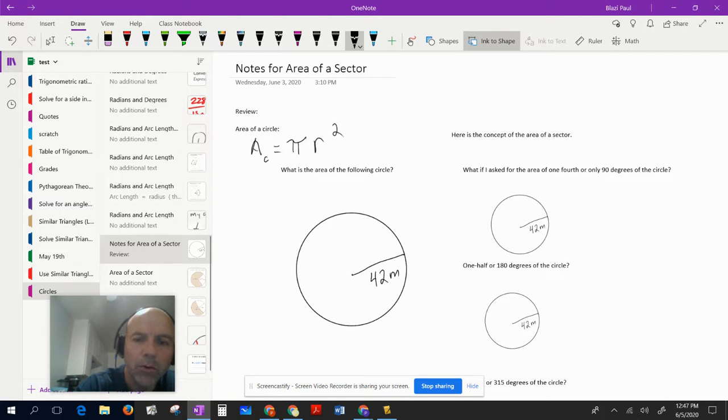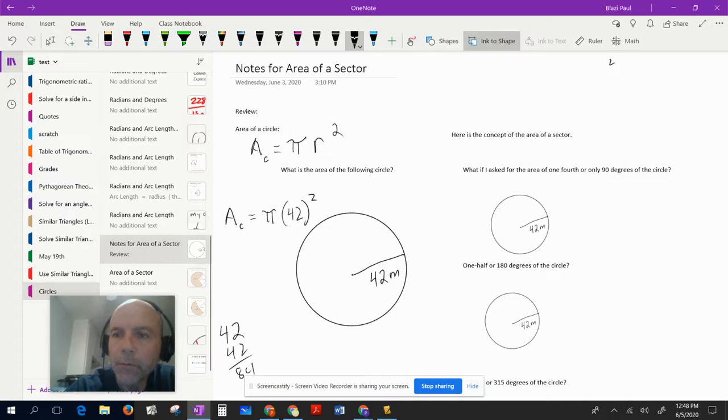Of this whole circle, the area is pi times 42 squared. Well, 42 squared, 84, shoot.